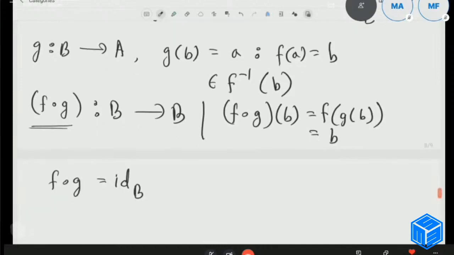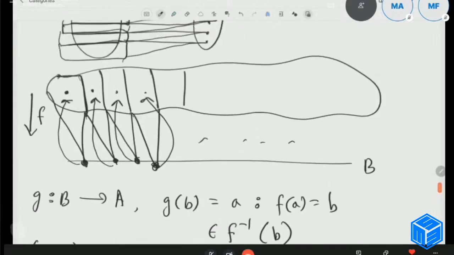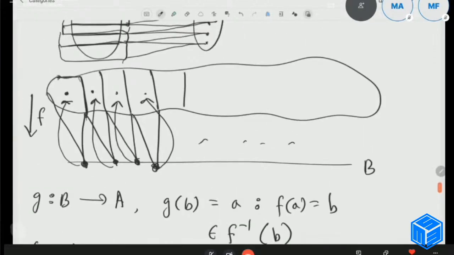Yes. So it's a function from B to A. It's like taking this function f from A to B and picking out things in its preimage.